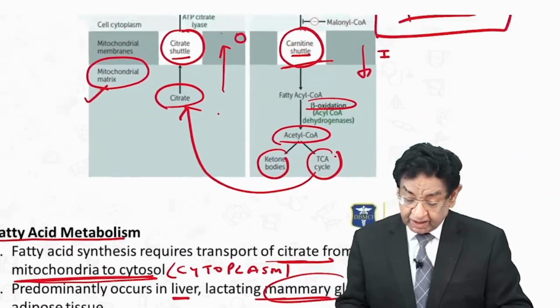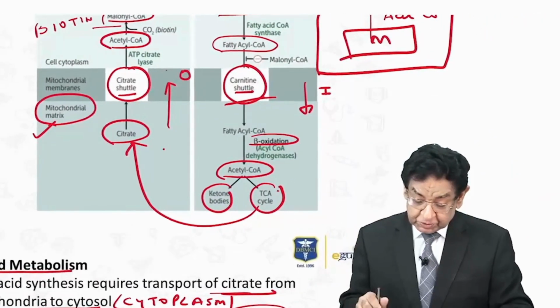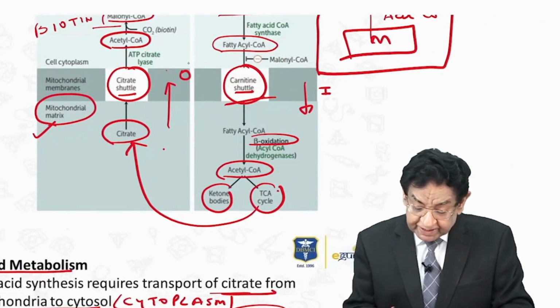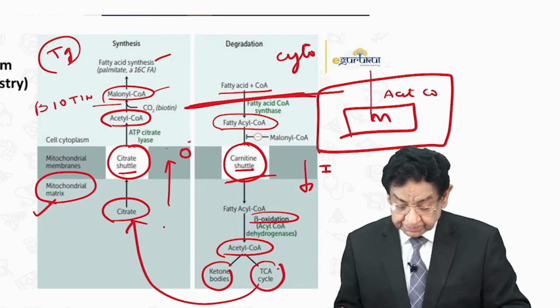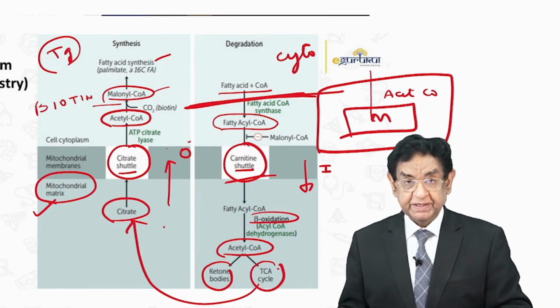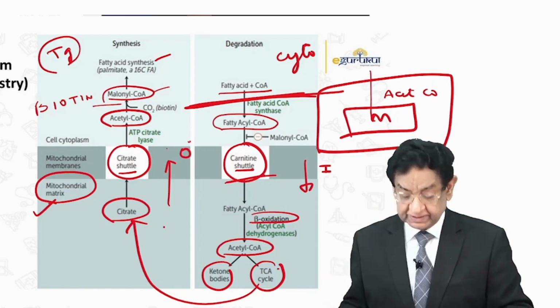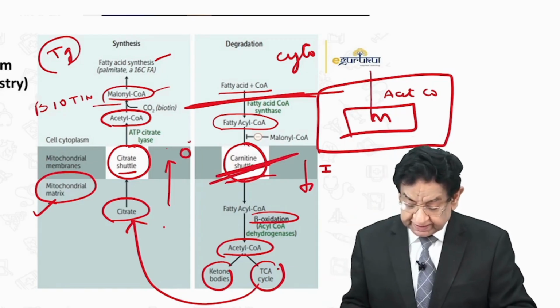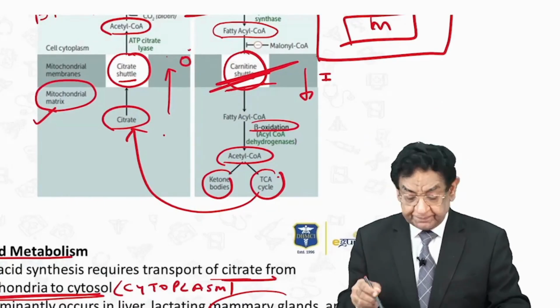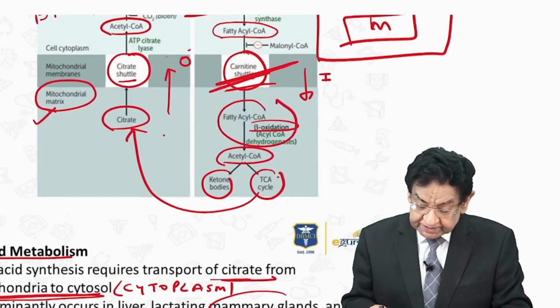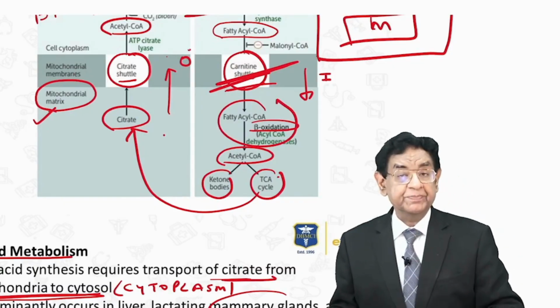So when it could not enter, the problem was at this particular place. That was the problem, it could not enter. Here it could enter, but it is not able to be broken down.